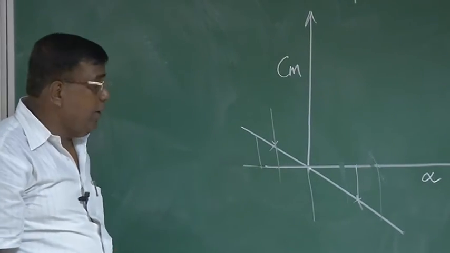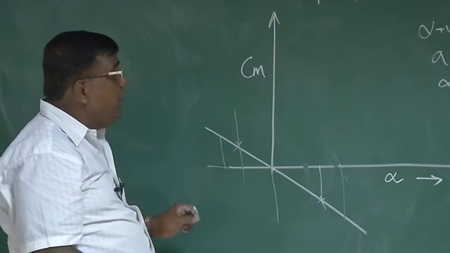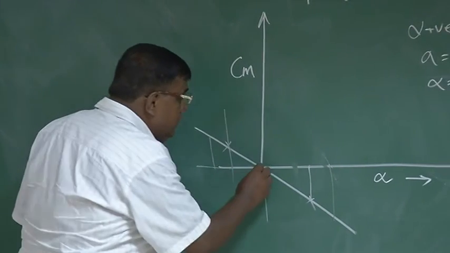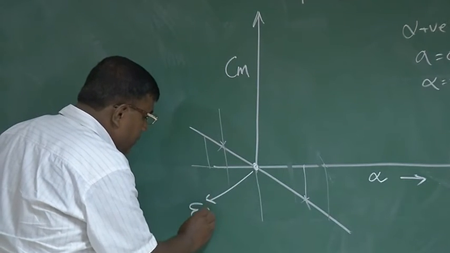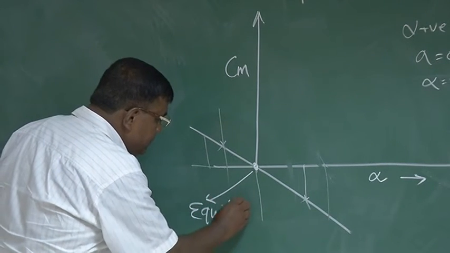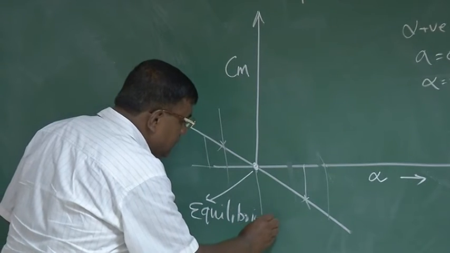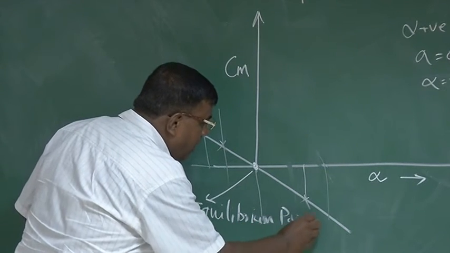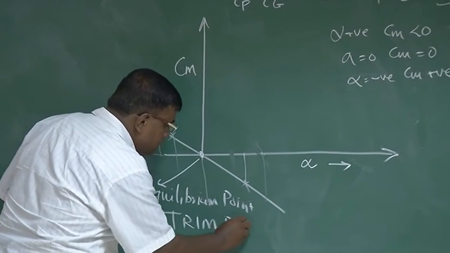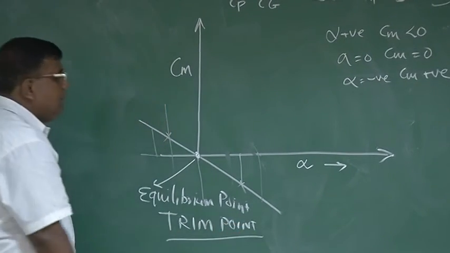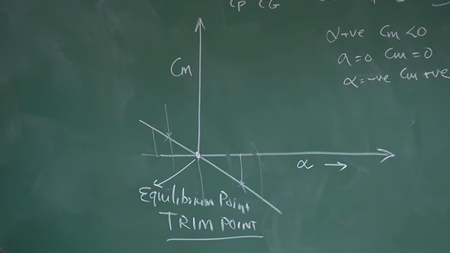So what is the equilibrium point? The equilibrium point here is that point where Cm is 0. So this is the equilibrium point, or we also call it the trim point. Now let us see what the definition is.